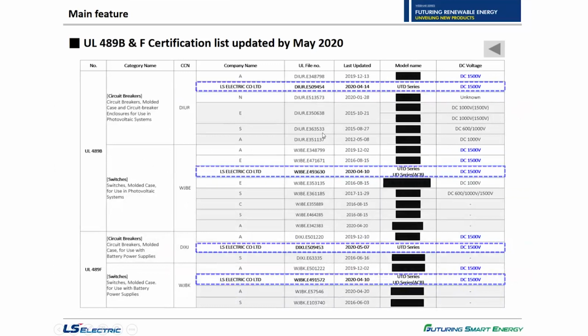Following list is specified on the UL official homepage, which you can easily access, and we extract all certification lists of DC MCCB and MCS for UL 4N9B and UL 4N9F.